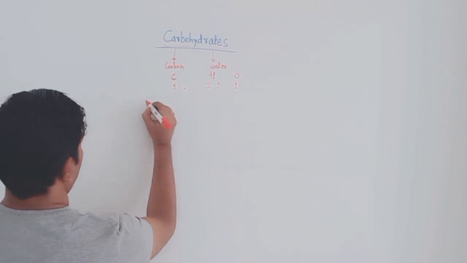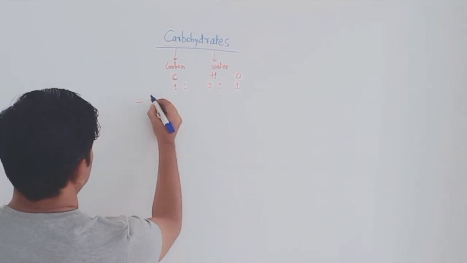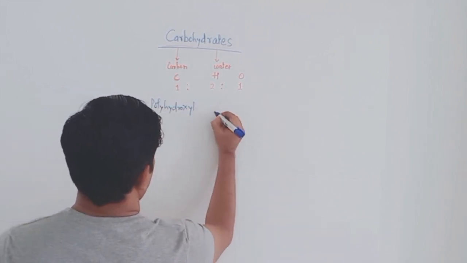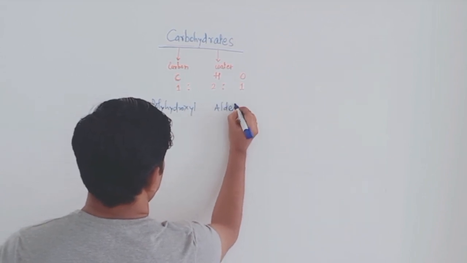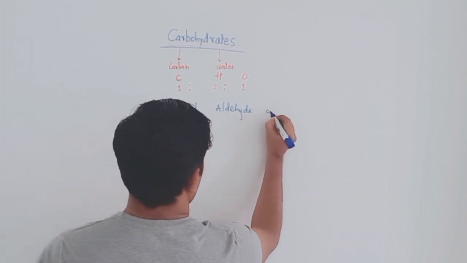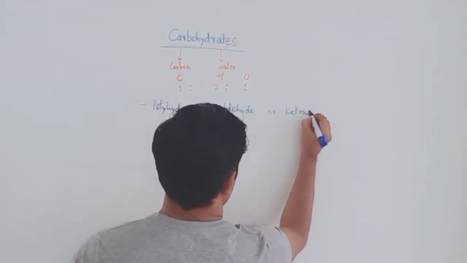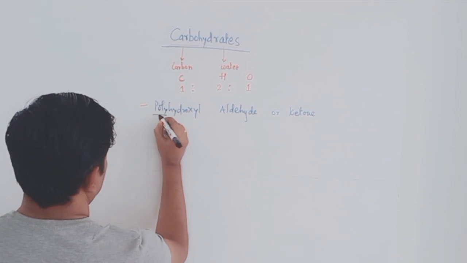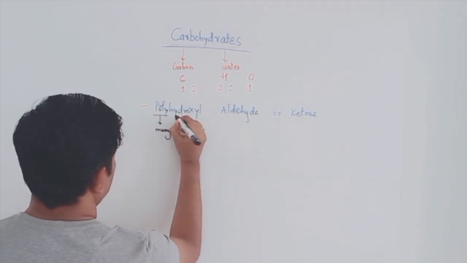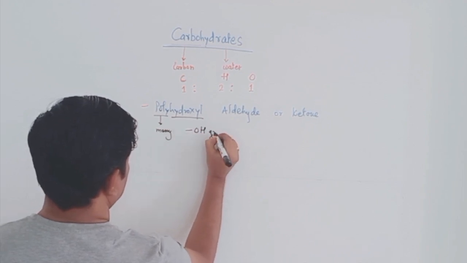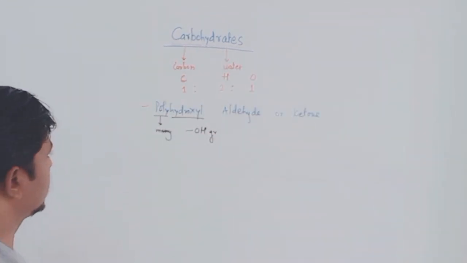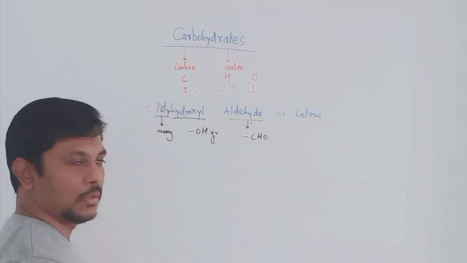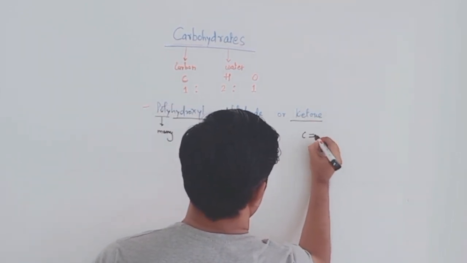So polyhydroxy means they contain many hydroxy groups, with functional group as an aldehyde, that is CHO, or ketone, that is C double bond O.